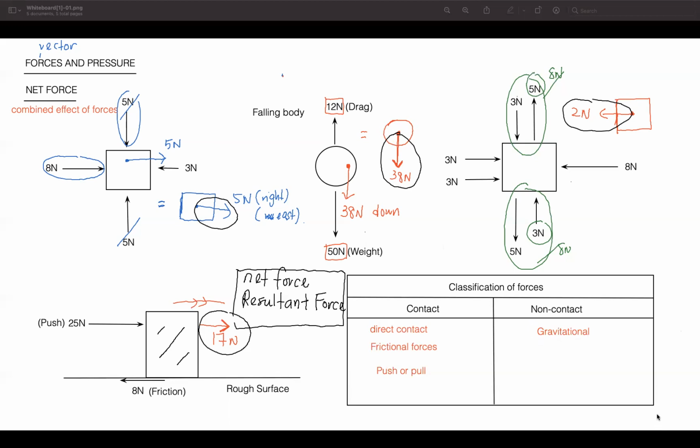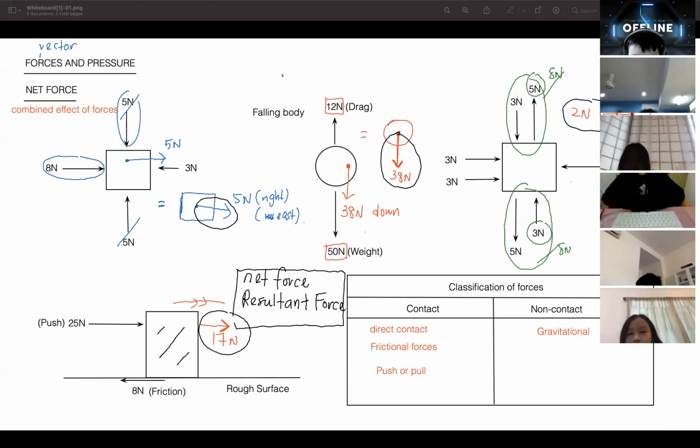Okay, now what is the meaning of field? If I say that it is a field force, understand the concept of a field force. You see, I place this object in space, and then I observe the movement of this object. If it is not moving, then there is no force acting on the object.